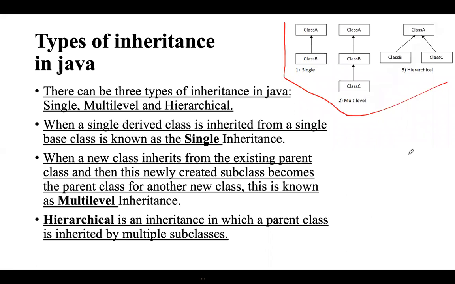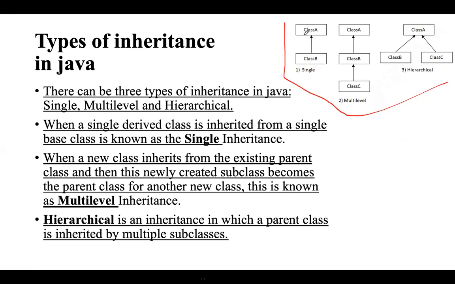We have 3 types of inheritance in Java: the single, the multi-level, and the hierarchical, as you are seeing in this diagram. What is single inheritance?